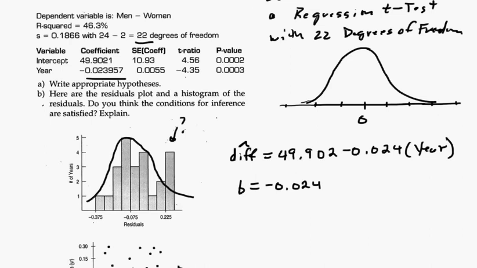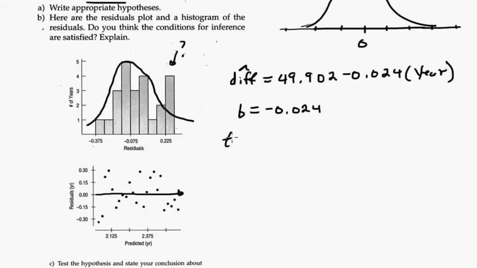Okay, so the t-value is b, the observed value minus the expected value divided by the standard error of b.